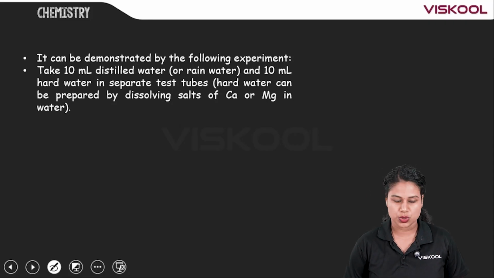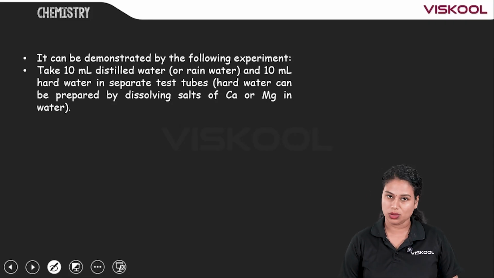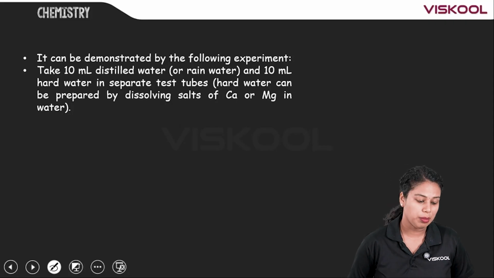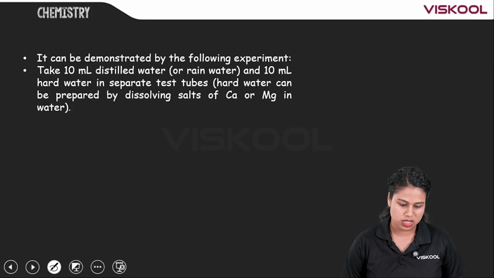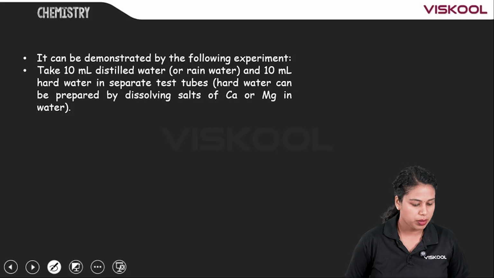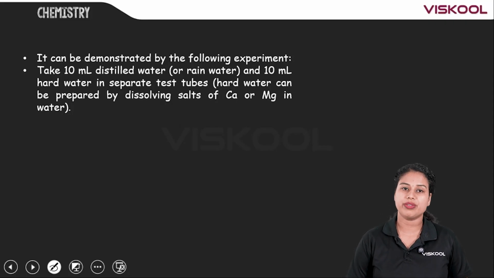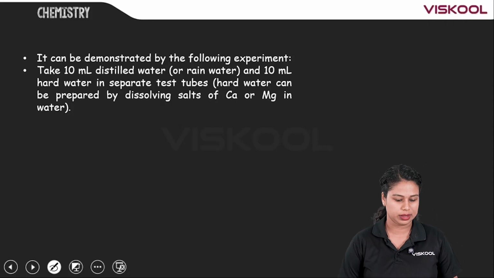First of all, we need to take 10 ml distilled water or rain water and 10 ml hard water in separate test tubes. Hard water can be prepared by dissolving salts of calcium or magnesium in water.